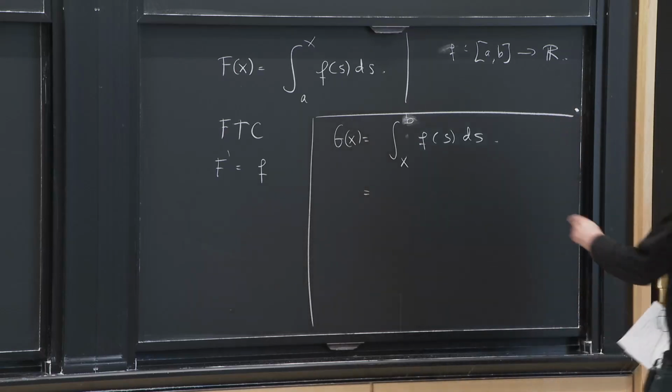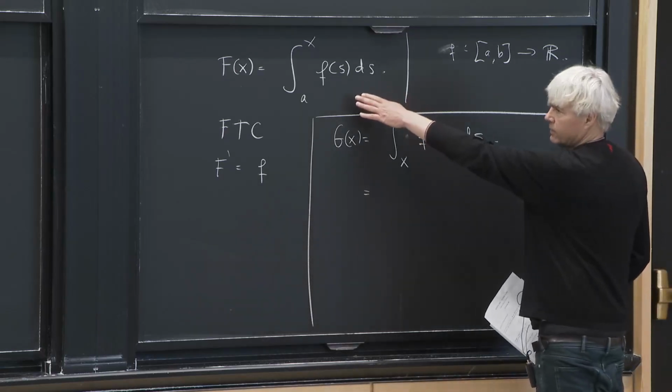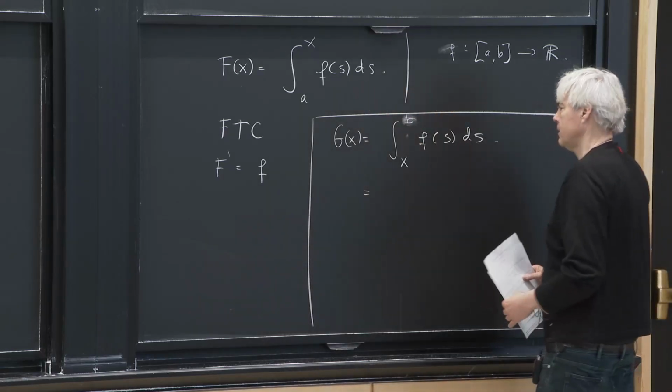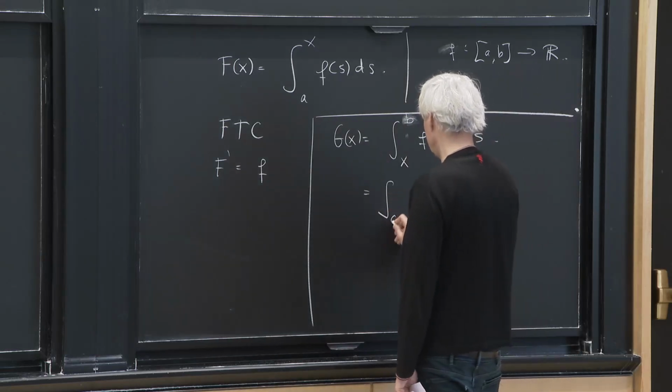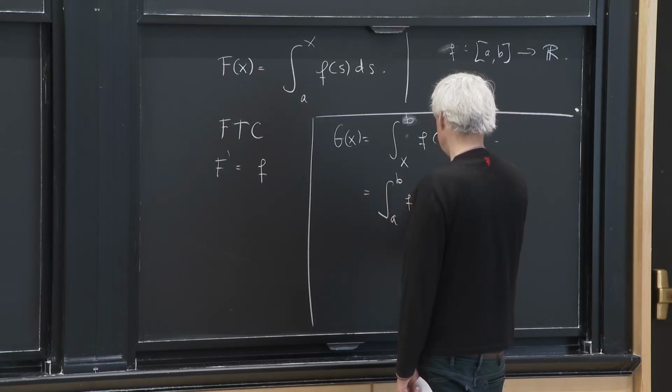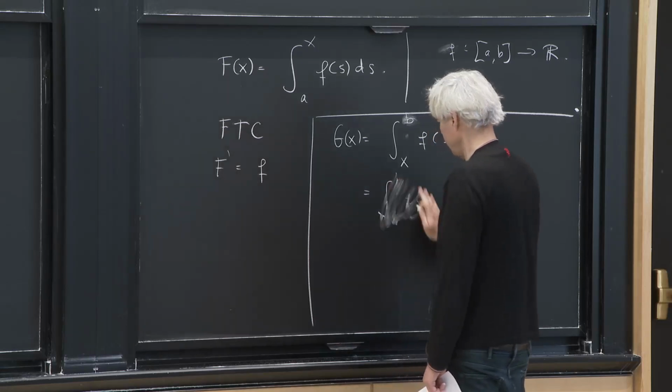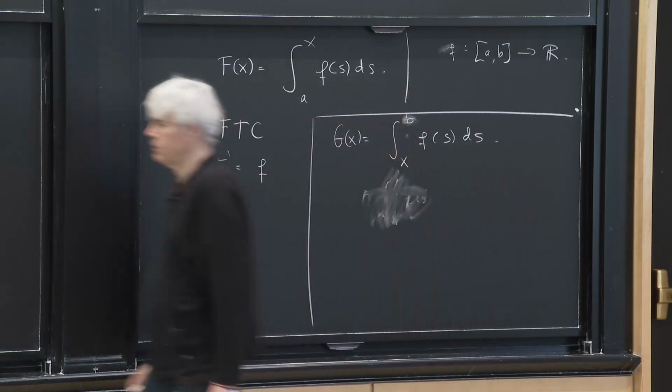And I can rewrite this thing here in this form, because I can just think about this as the integral from a to b of f of s. Let me write it over here.